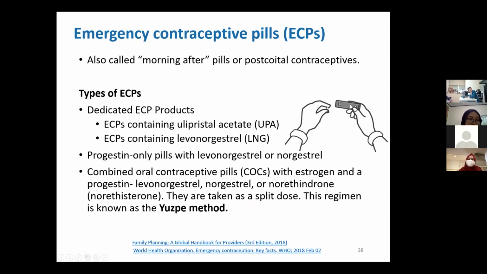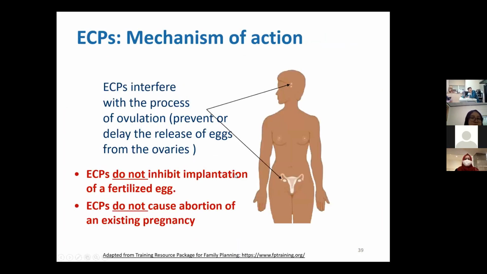So use the pill, or you can buy it, sometimes it's an imported drug. The mechanism is to block your pituitary gland; the drug does not inhibit the implantation. So ECP does not cause abortion.